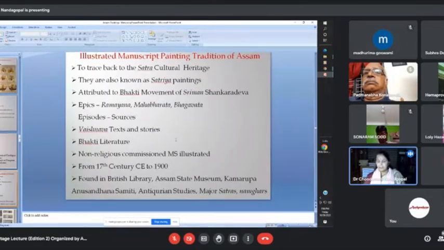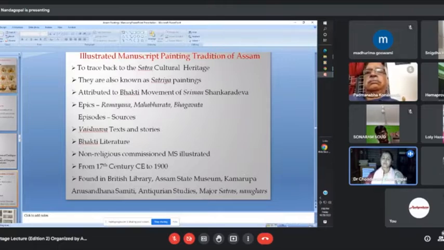You find the Bhakti literature, you find a number of texts created, and some of them are non-religious also, and they are all commissioned as manuscripts. From the 17th century to 1900, we find the movement of Assam manuscript painting.